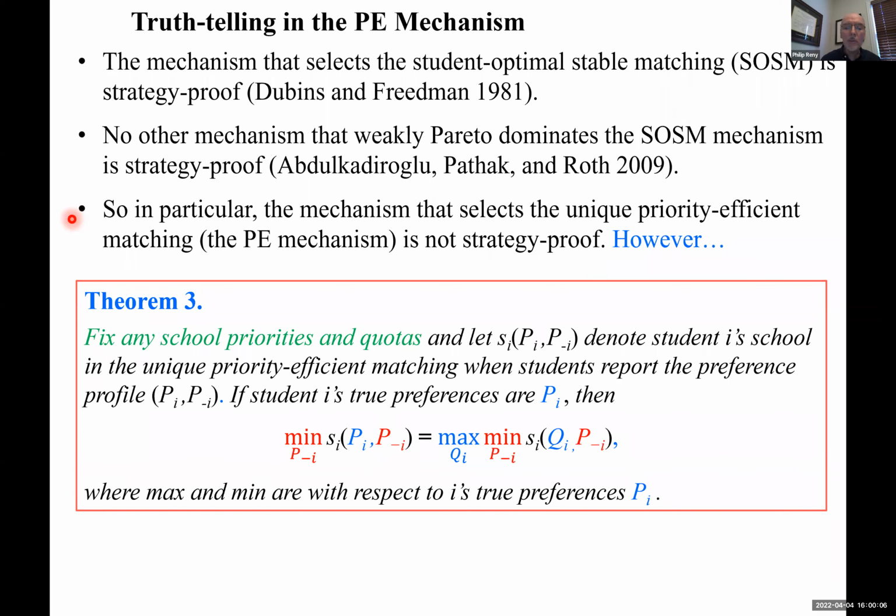If that's what you do, it turns out truth telling is optimal for you. You can't do any better than to tell the truth if you want to maximize the worst school that you might be assigned to, where the minimization is taken over all of the other students' submitted preferences. So that's a theorem that says something about why students might want to tell the truth.